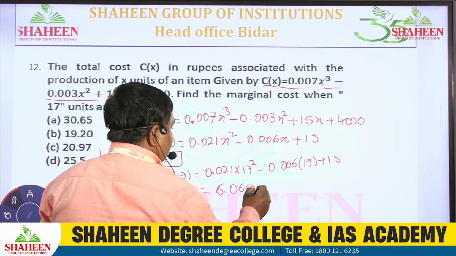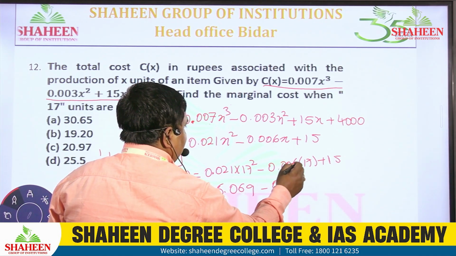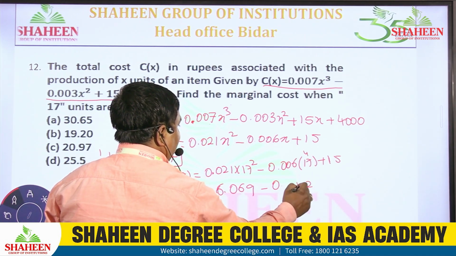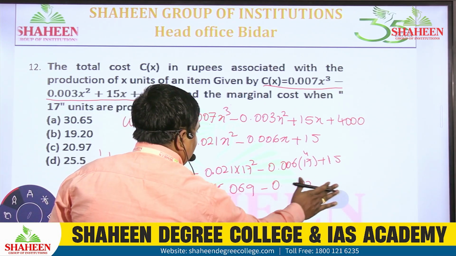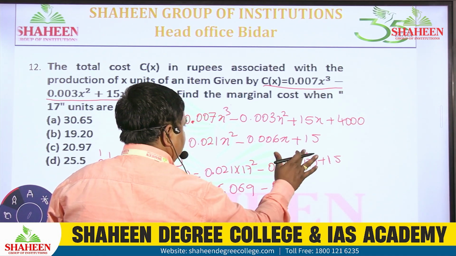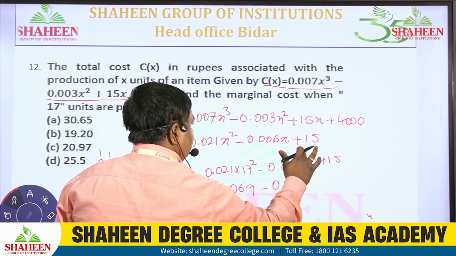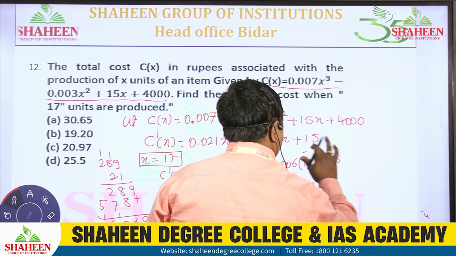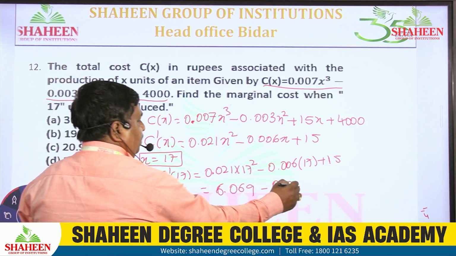6.069 minus 0.006 into 17: 6 7 is 42, carry 4, 6 1 is 6 plus 4 is 10, so 102. There are 3 digits in the decimal place, so we can write this as 0.102. And the last is plus 15.